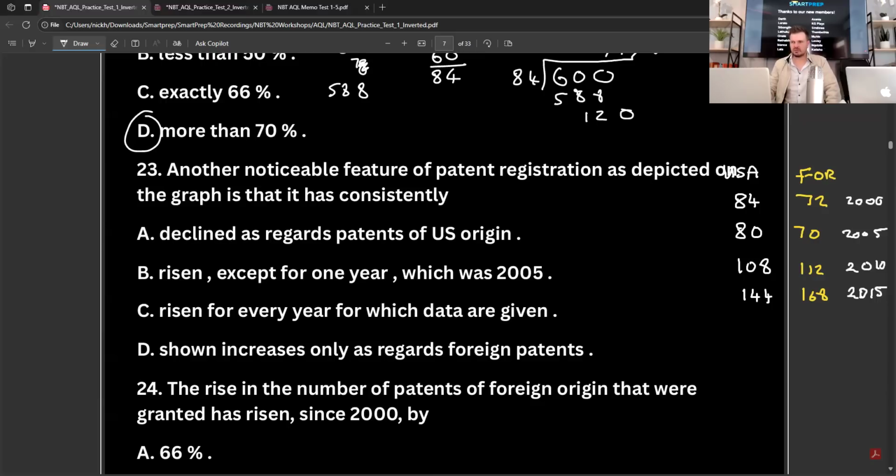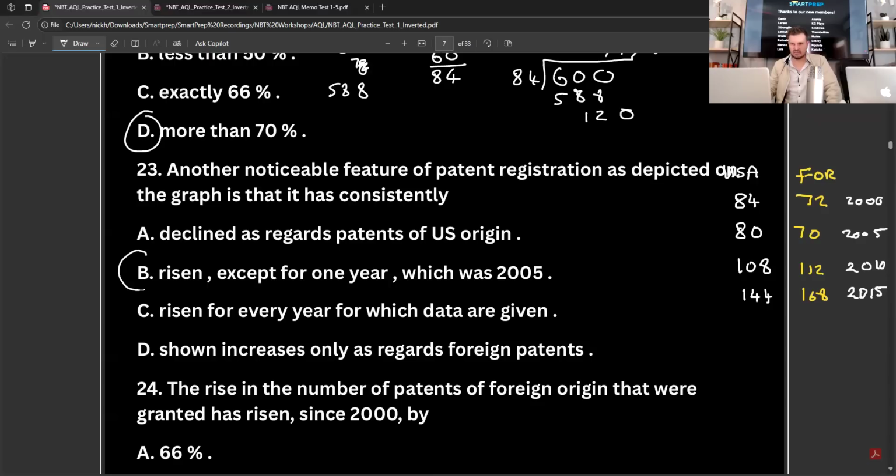Okay, another notable feature of patent registration as depicted in the graph is that it consistently, okay, so what is going to be here? All right, so it consistently rises every year except for 2005.